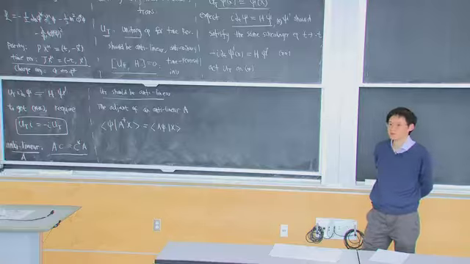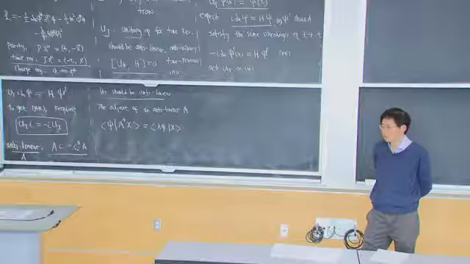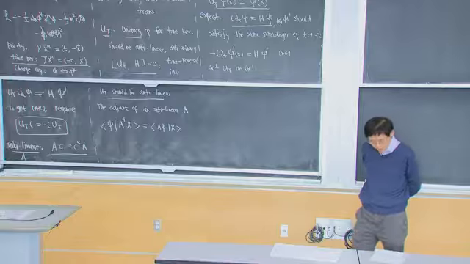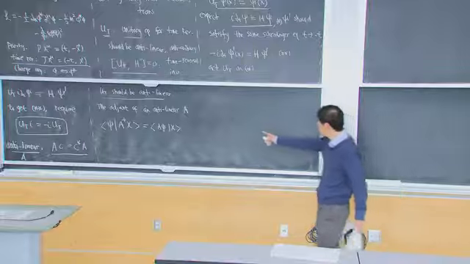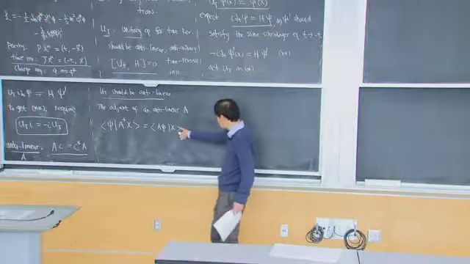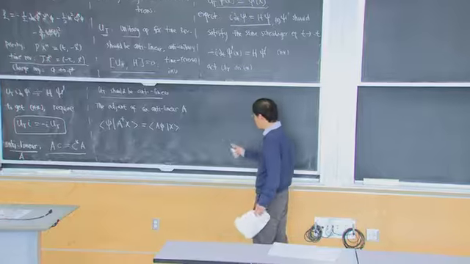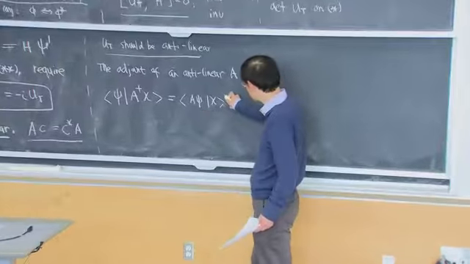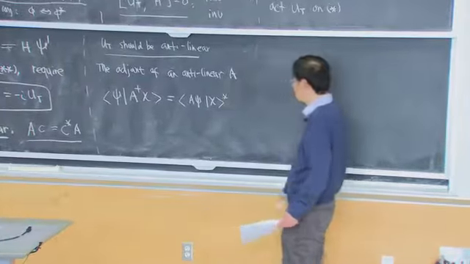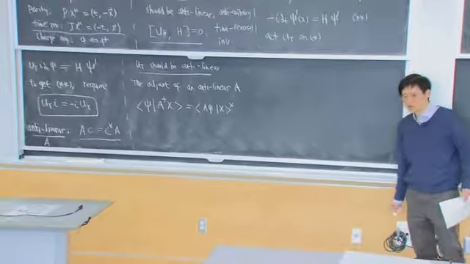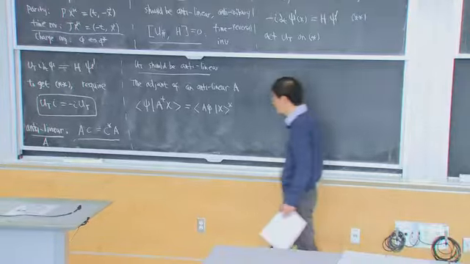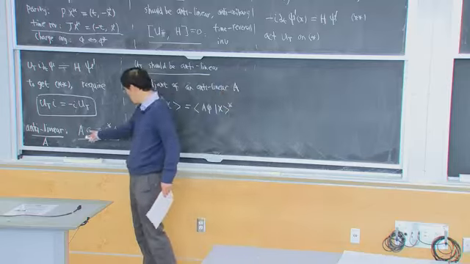Other questions? Okay, good. So the way we define the adjoint should also be different. This is the standard definition. For antilinear, you have this definition, then you put an additional star. The reason you put the additional star is precisely due to this property.